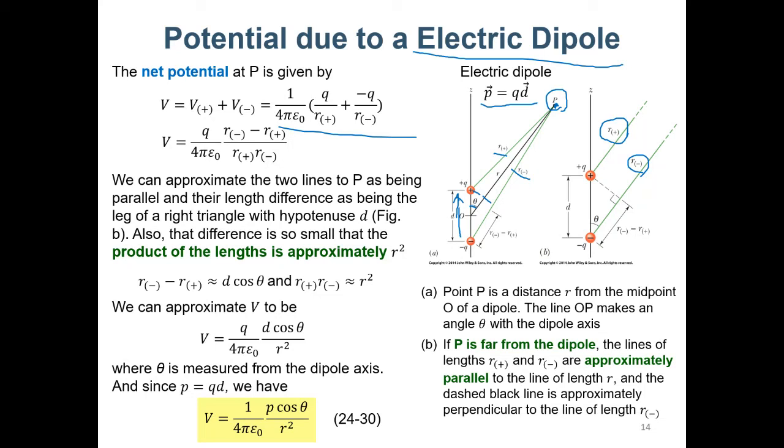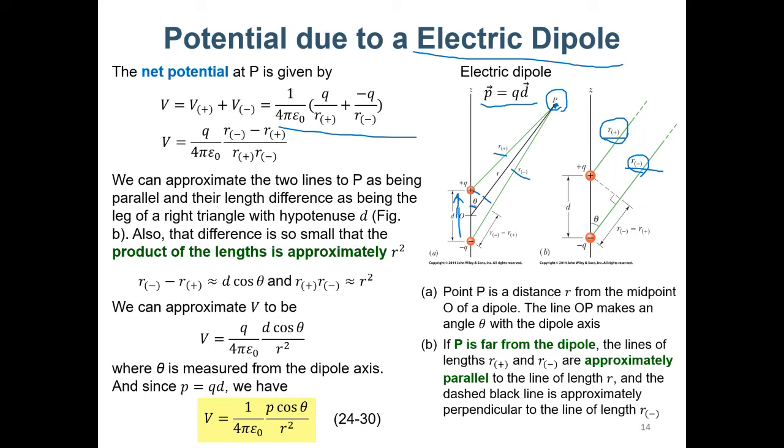But if it is very far away, just like you can imagine the sunlight coming to the Earth as parallel rays, we can regard r plus and r minus as parallel to each other.